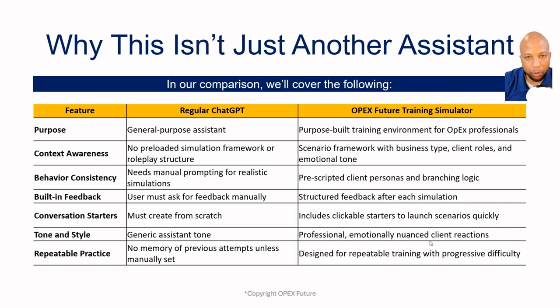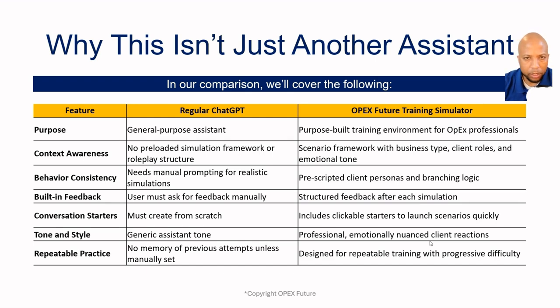Each of the features that we'll go through include purpose, context awareness, behavior consistency, built-in feedback, conversation starters, tone and style, and repeatable practice. Through each one of those features, we'll compare regular ChatGPT and the OPEX Future Training Simulator.